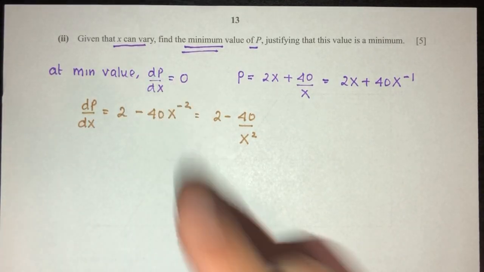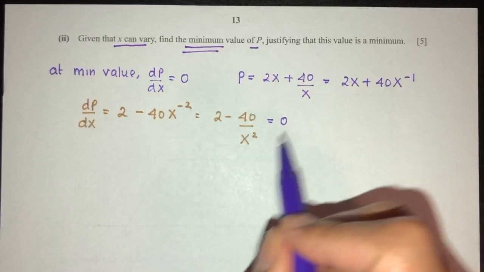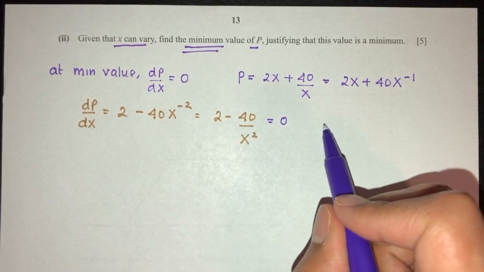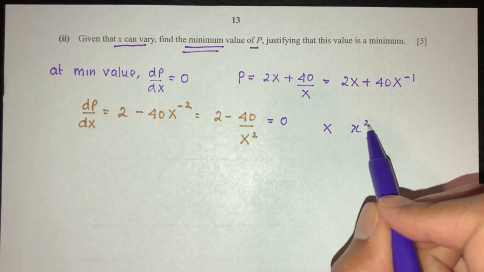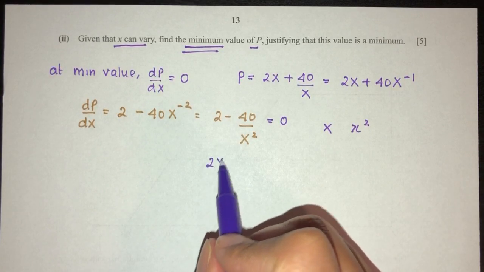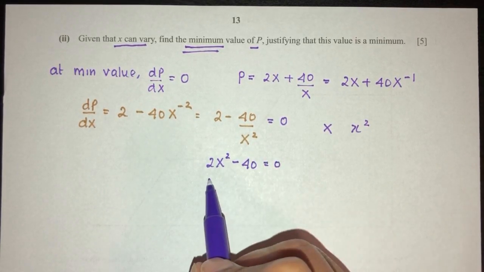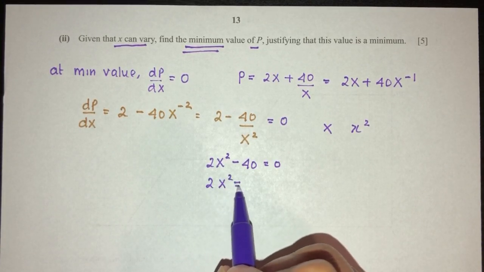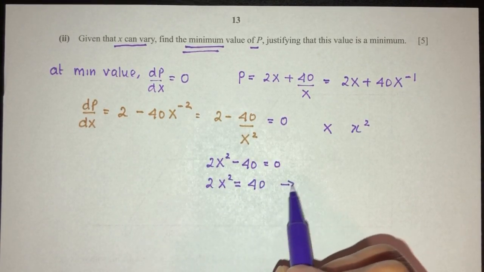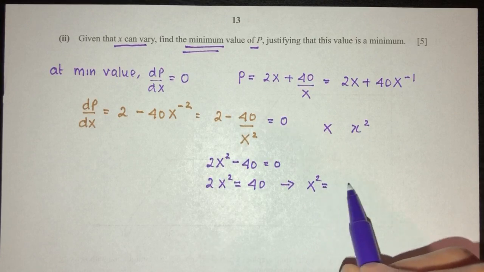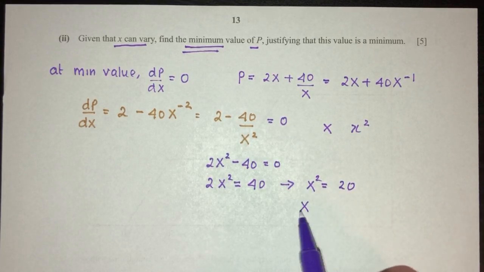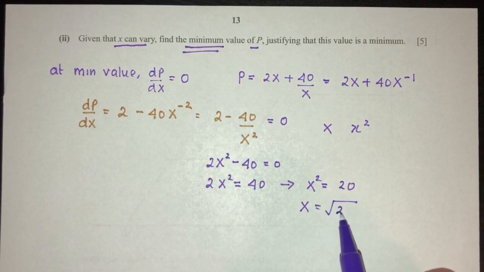We have to equate that to 0. To eliminate the denominator, we multiply by x squared everywhere. You will have 2x squared minus 40 is equal to 0. So 2x squared is equal to 40. From this you will have x squared is equal to 20.